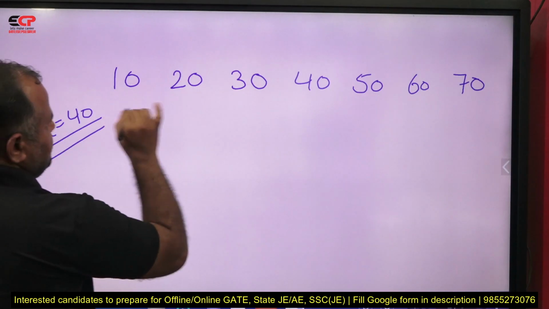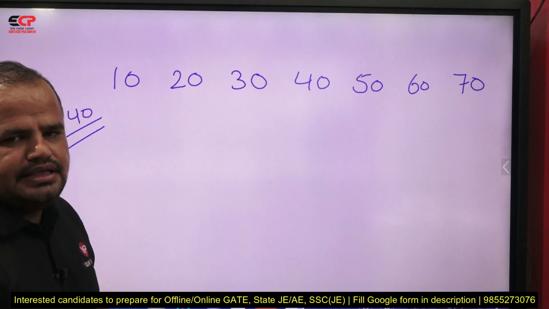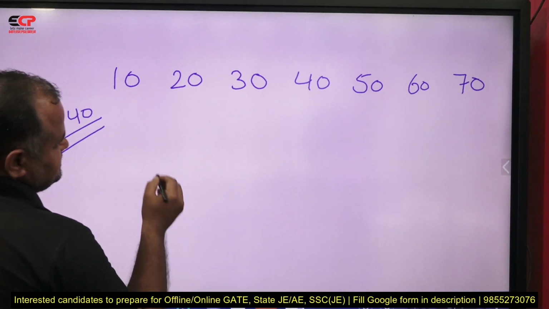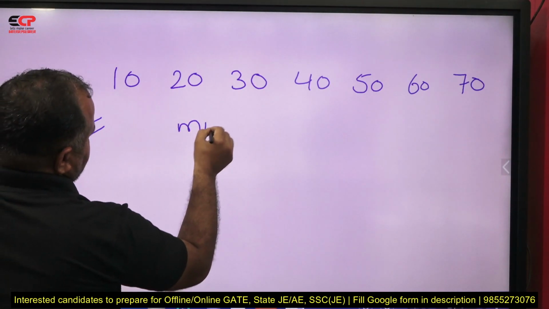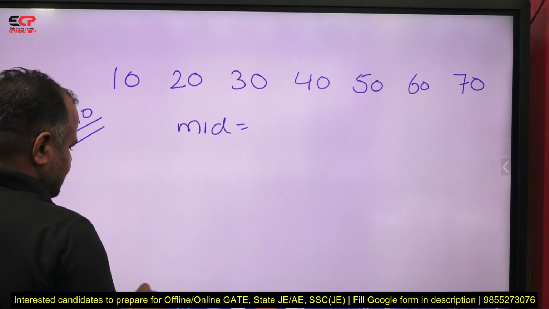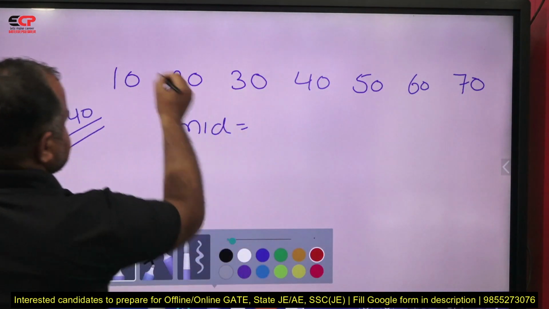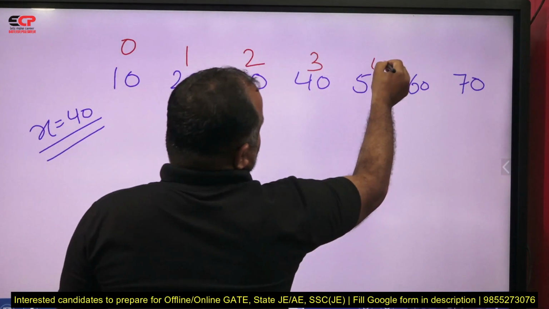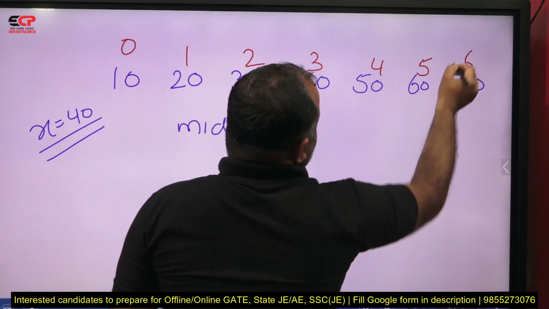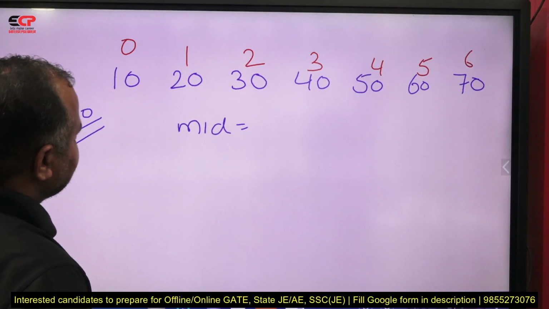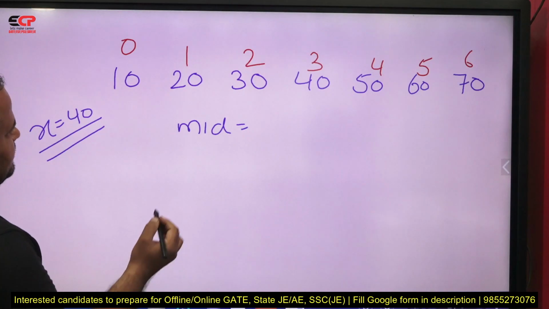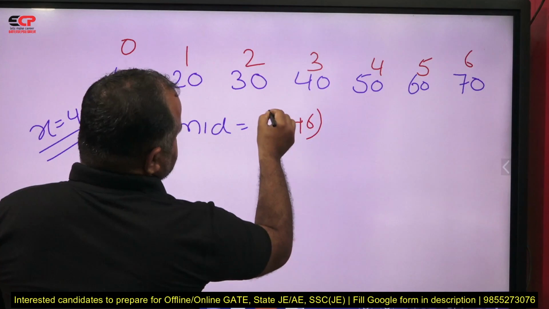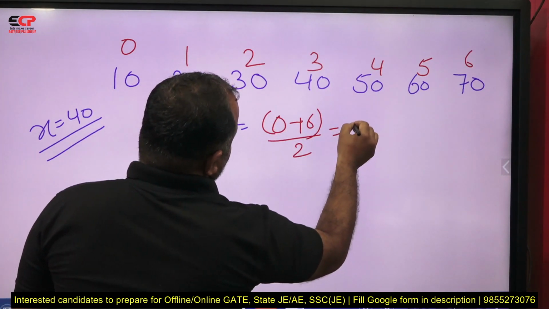So as input is sorted, how can we apply the binary search? To apply the binary search, first of all find the middle element. How can we find the middle element? If we talk about the indices, that is 0, 1, 2, 3, 4, 5 and 6. So the mid element is (0 + 6) / 2, which is going to be 3.